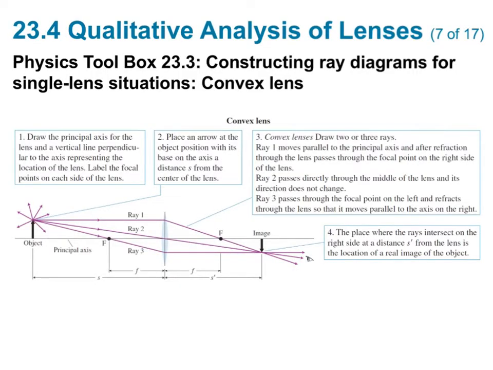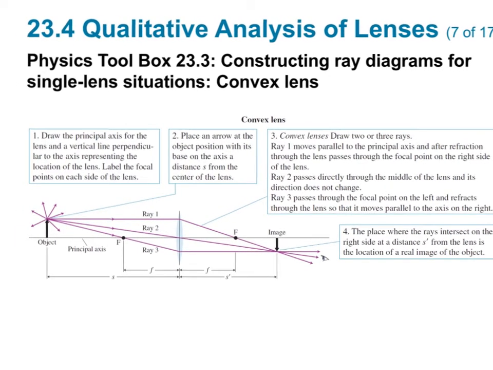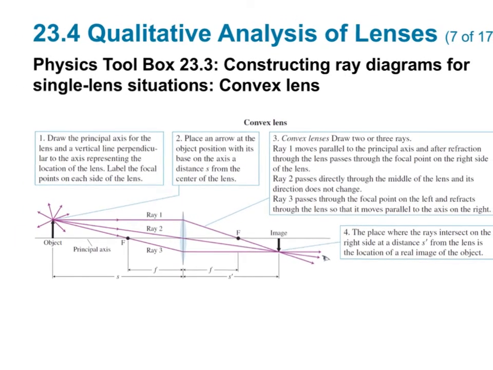Let's talk a little bit more about the convex lens and our three rays. It's really similar to what you're familiar with in the mirror world. Our object is going to be this little arrow over here. Rays come out in all directions. We're going to select three of them to help us locate the image created by this lens.